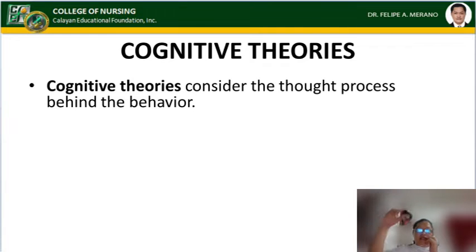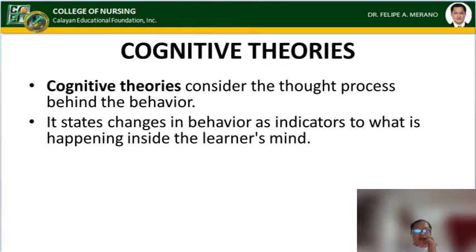Another thing is cognitive theories. Cognitive theories consider the thought process behind the behavior. It states that changes in behavior are indicators of what is happening inside the learner's mind.